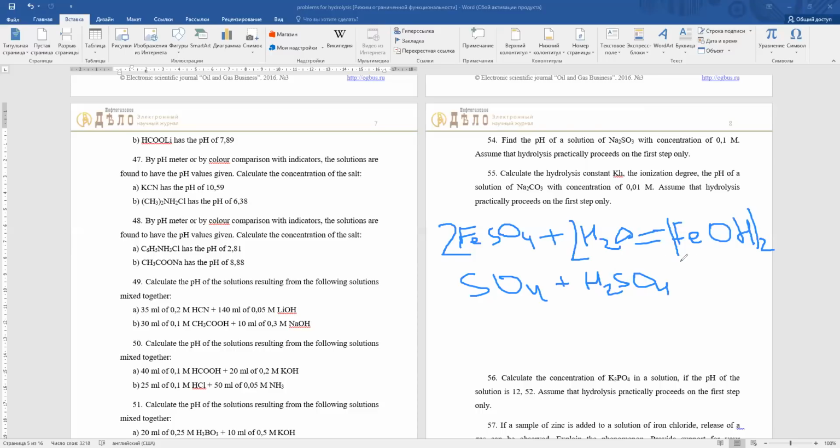Okay, as you can see, in the first step, the base is not forming totally because of the collision between the molecules. For example, this molecule is water molecules.